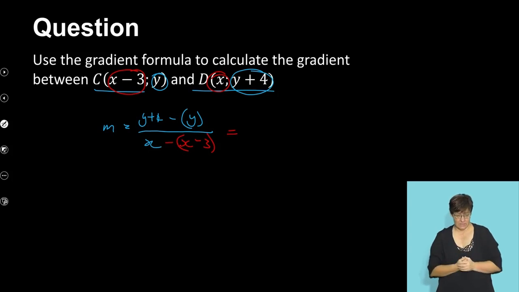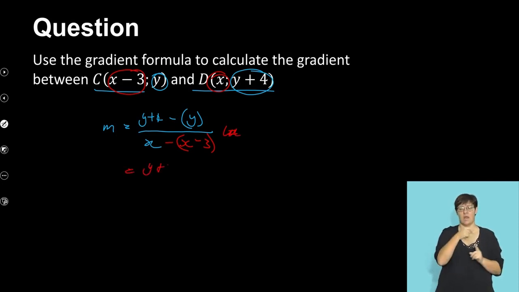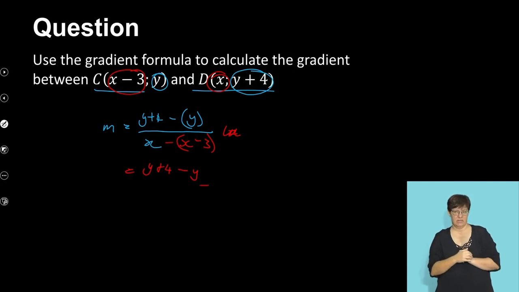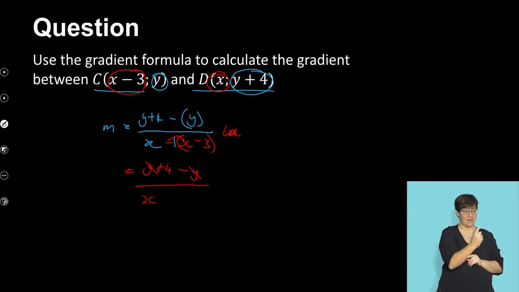Now, all that remains for me to do is I'm just going to simplify this a little bit, and so I'm going to get y plus 4 minus y, and here you can see the y's will cancel out, and I'm just going to be left with 4 at the top, and at the bottom I'm going to have x. And what did we decide earlier is that in front of this bracket is a -1.